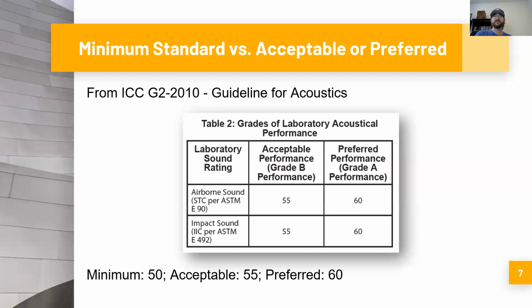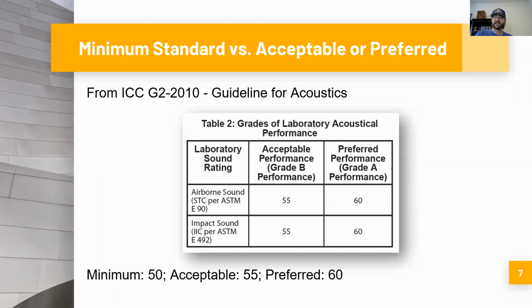Then maybe STC 50 will do the trick. Is this a mid-level or upper level? Like if you're designing a luxury condominium or luxury apartments, you might want to think twice about whether or not STC 50 is enough. Again, keep in mind that STC 50 is the minimum. Acceptable would be 55, preferred would be 60.